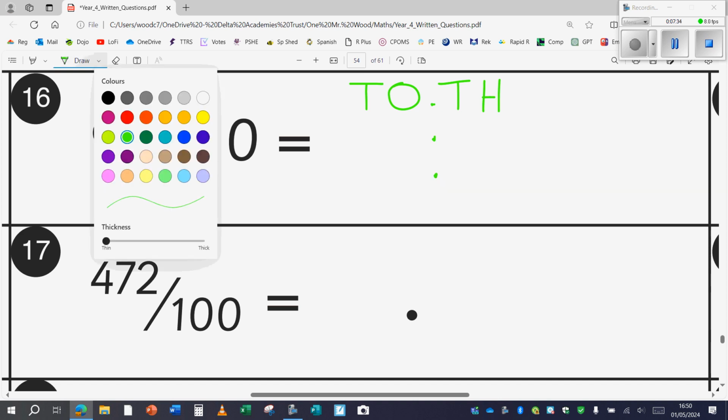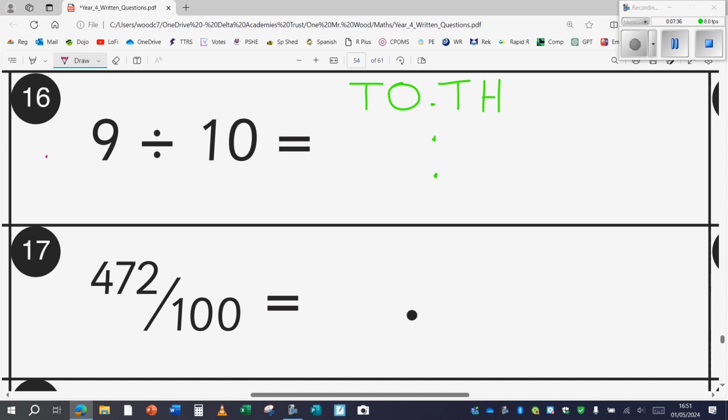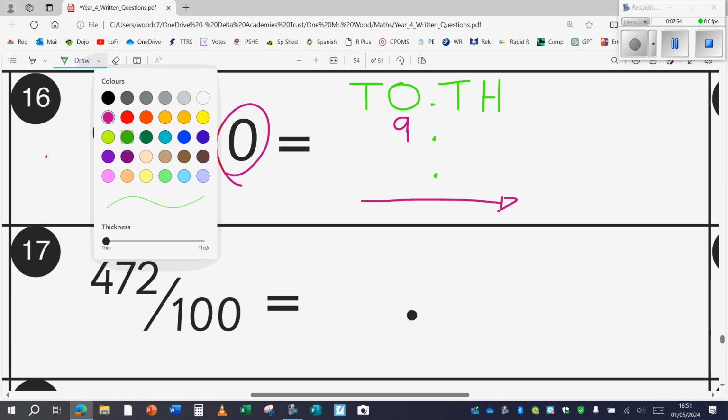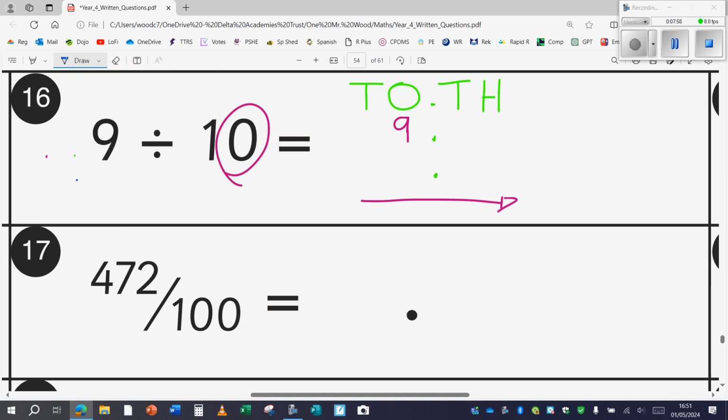So the first thing we need to do is put the original number in, and that is 9 in the 1s column. Now, because we're making this number smaller, we're dividing it, we're trying to push those digits towards the smaller columns. So it's going to go this way. And how many times do we do it? Well, we've got one 0, so we move it once. So instead of it being 9 1s, we end up going this way, 9 coming over here, it ends up here instead.